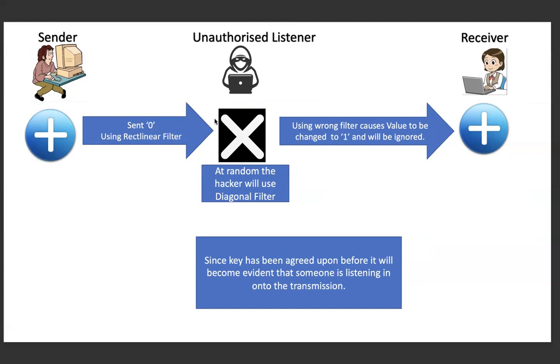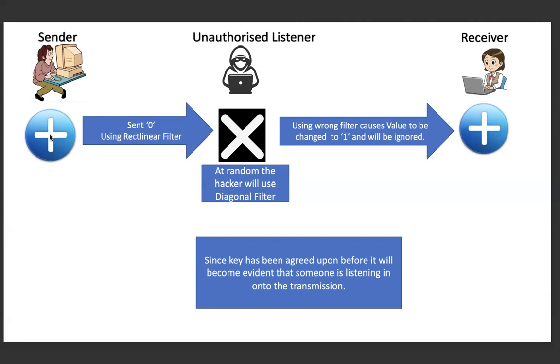Now, let's say that this unauthorized user ends up using the wrong filter, the diagonal filter. What that does is cause the data to change. So that 0 would become a 1 because it went through the wrong filter. Now, my receiver is expecting a 0 because it's using the agreed-upon filter.